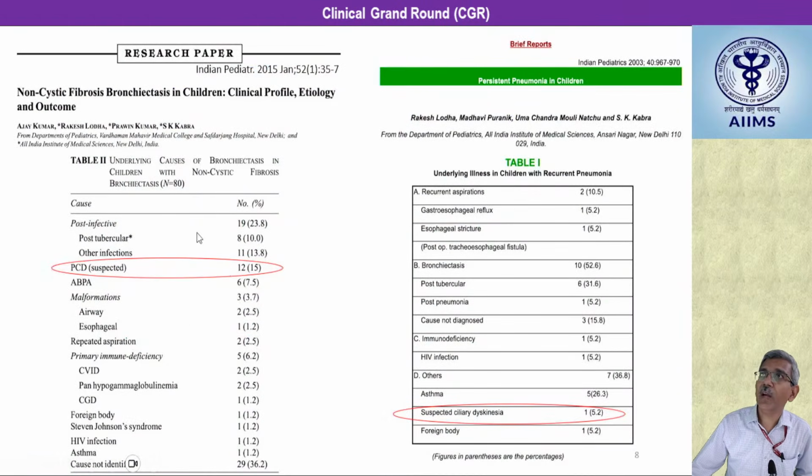Even in our setting, we have earlier published on non-cystic fibrosis bronchiectasis, because cystic fibrosis related bronchiectasis is an entirely different entity. In about 15% of our series of 80 patients, we suspected PCD. We didn't make a definitive diagnosis because of lack of specific diagnostic facilities. And even when we talk about persistent and recurrent pneumonia, we have suspected ciliary dyskinesias and attributed the condition to it.